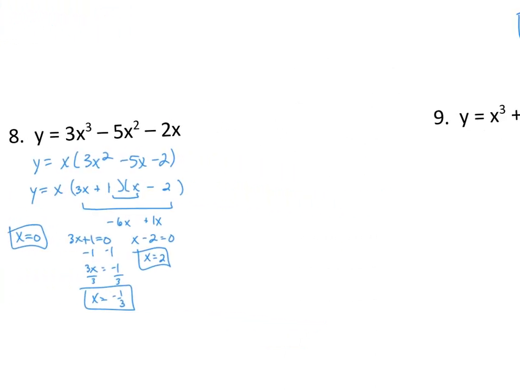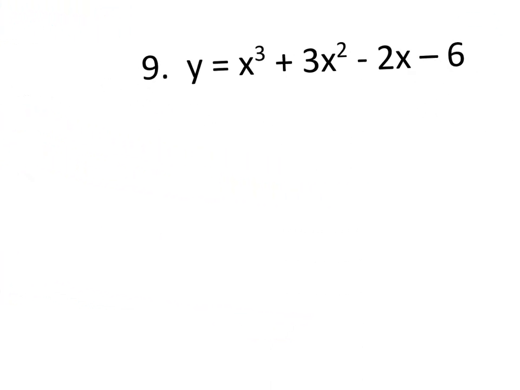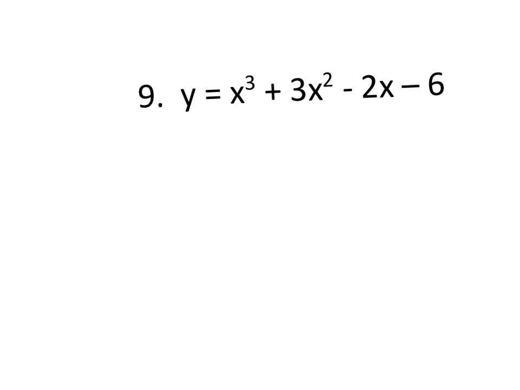All right, number 9. This is another factoring by grouping because there's an x to the third, an x squared, an x, and a constant term. So we're going to start by grouping the first two terms and the last two terms and separate those by an addition symbol. And then I'm going to factor a common factor out of those sets of parentheses. So this would be x squared.